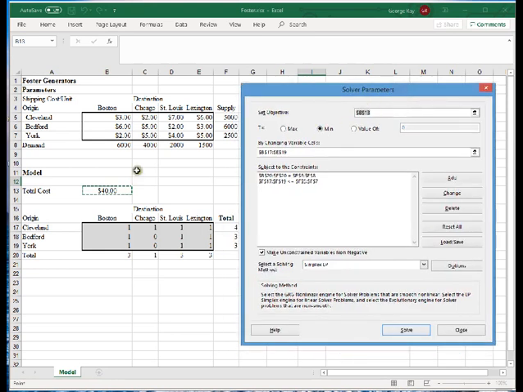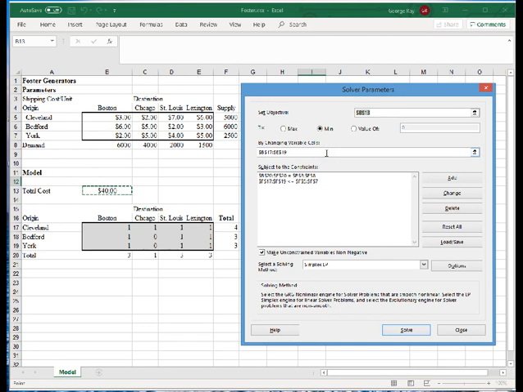Now here our objective function is total cost. We want to minimize total cost by changing the decision variables, and in this case the decision variables are B17 to E19 in gray, the quantities we ship from each source to each destination.